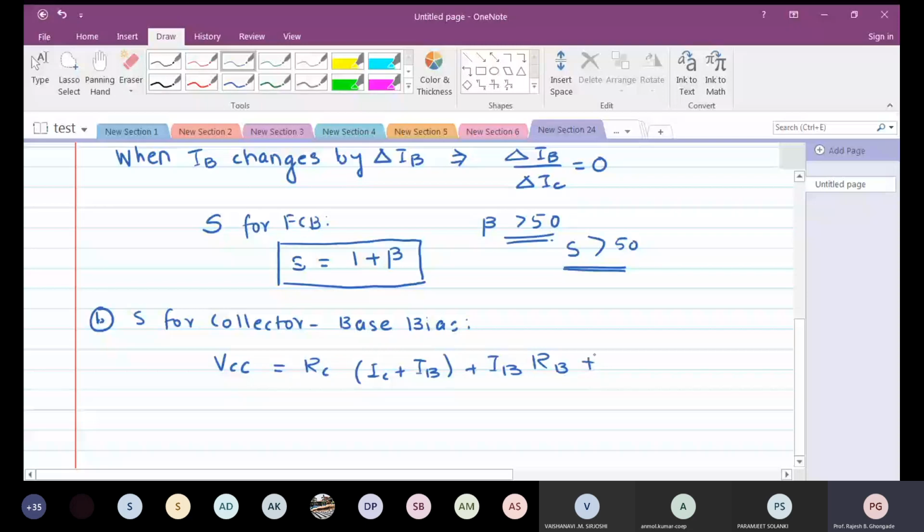Where do I get this equation from? Again, let us get this equation. This is RC, this is RB.